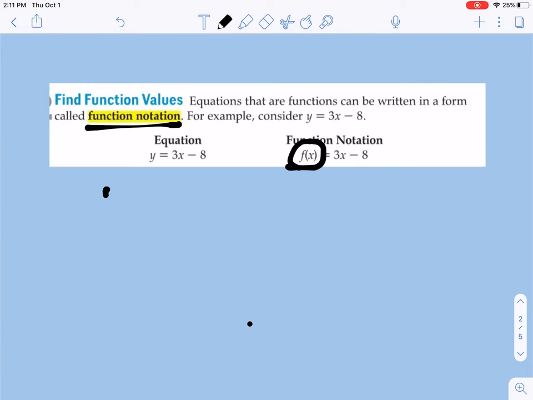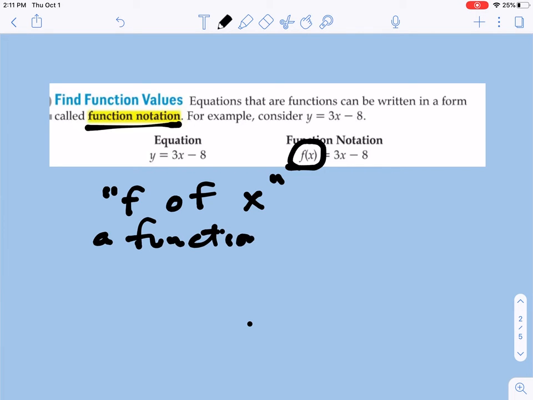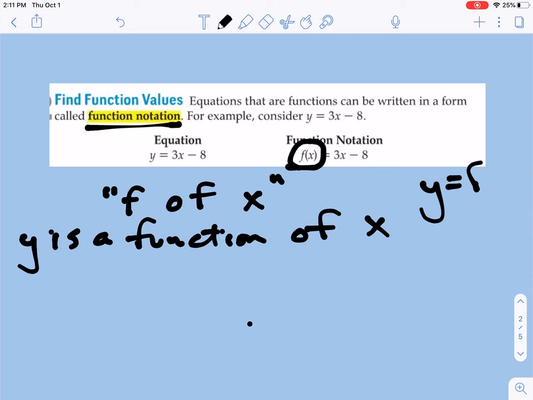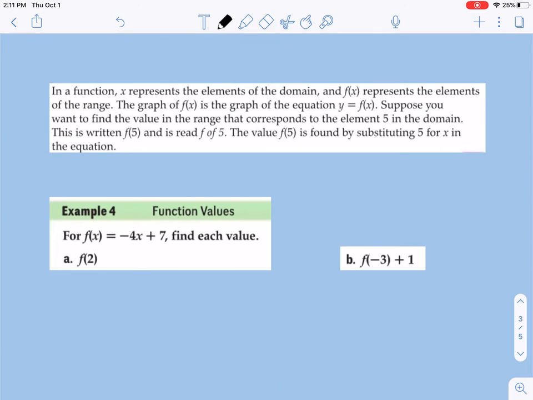We say f of x, and that means a function of x. y is a function of x. Instead of writing y in there, they just write f of x, and you just need to know that those are two equal ways of writing the same thing. You'll get used to seeing that.